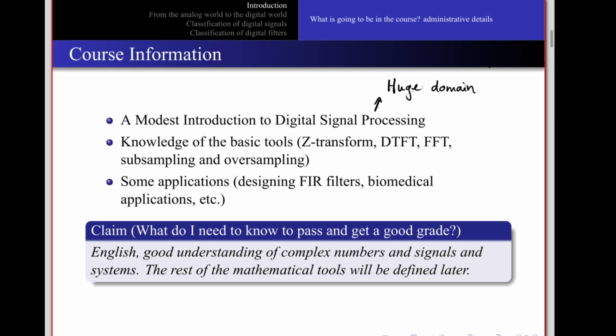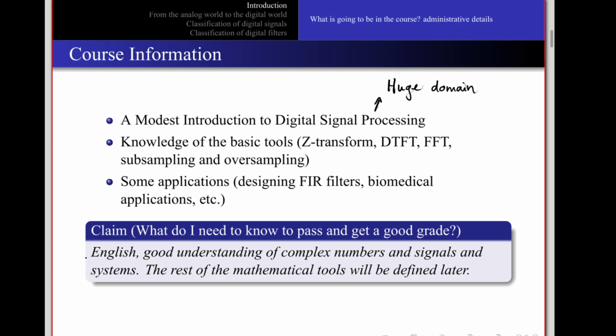FFT is not a transform per se, it's rather a fast implementation of another Fourier transform, which is the DFT. We're going to talk about subsampling and oversampling. And I will present at the end of this semester several applications, mostly designing finite impulse response filters for biomedical applications and stuff.